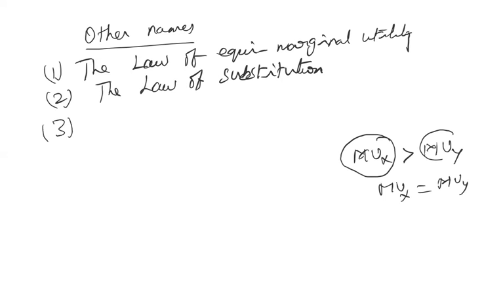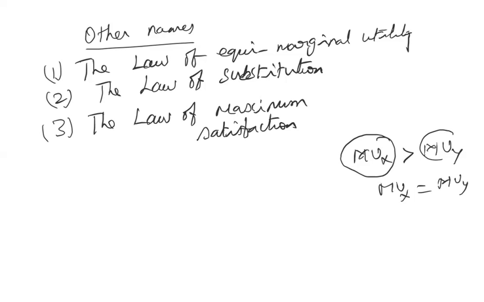Then another name is the law of maximum satisfaction. If he distributes the money income in such a way that the marginal utilities of all the commodities are equal, then only his total satisfaction is going to be maximum.